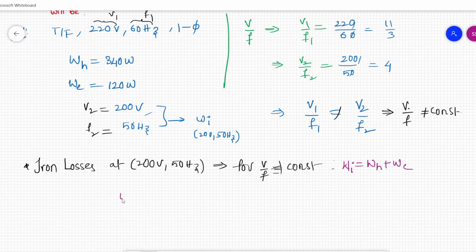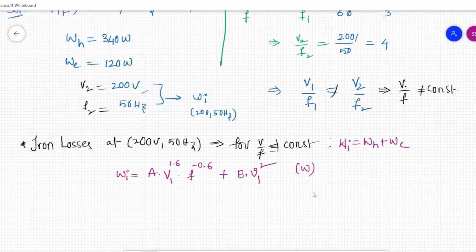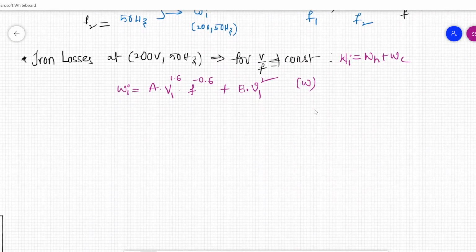Hysteresis loss for V by F not constant is A into V1 power 1.6 into F power minus 0.6. And eddy current loss for V by F not constant is B into V1 square. So these are the iron losses for V by F not maintained constant. We need to find the total iron loss.